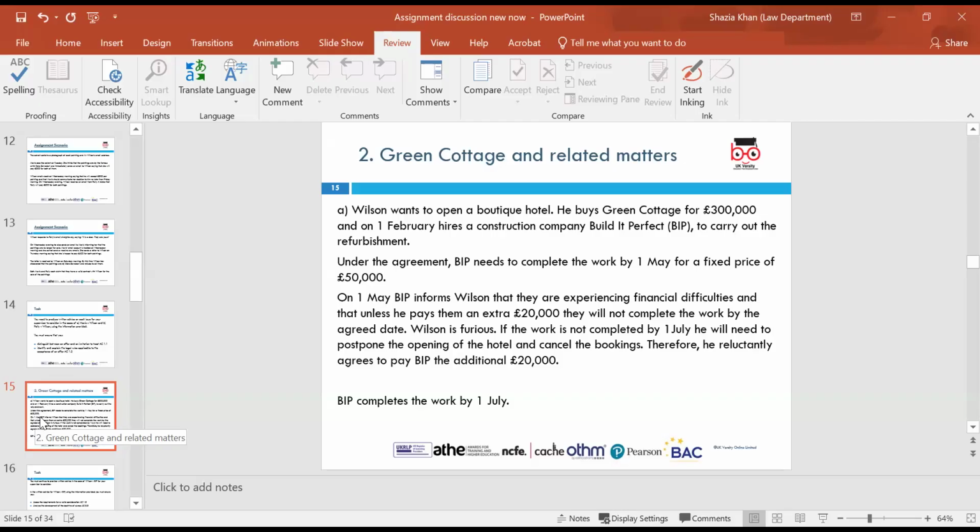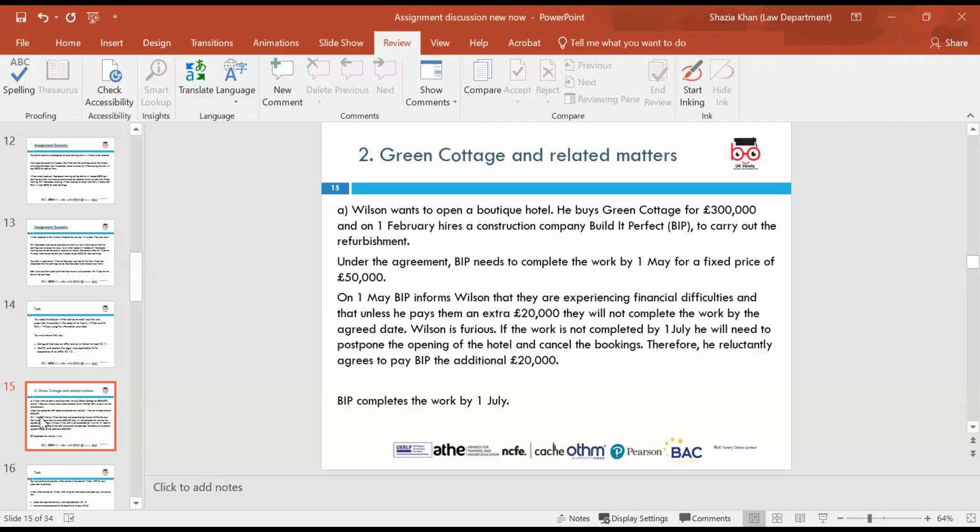Under the agreement, BIP needs to complete the work by the 1st of May for a fixed price of £50,000. On 1st of May, BIP informs Wilson that they are experiencing financial difficulties, and that unless he pays them an extra £20,000, they will not complete the work by the agreed date.